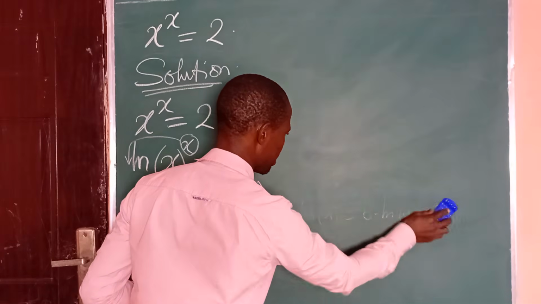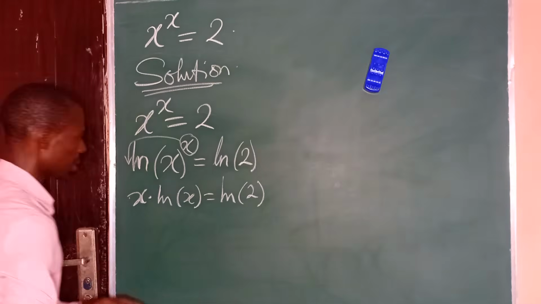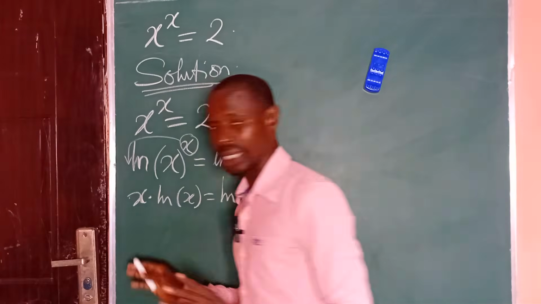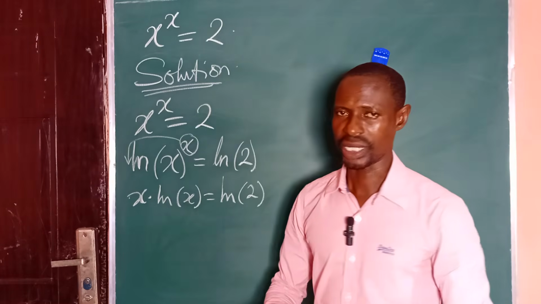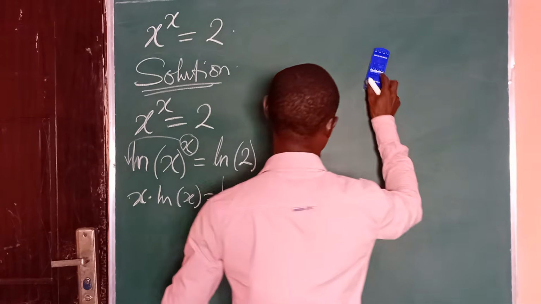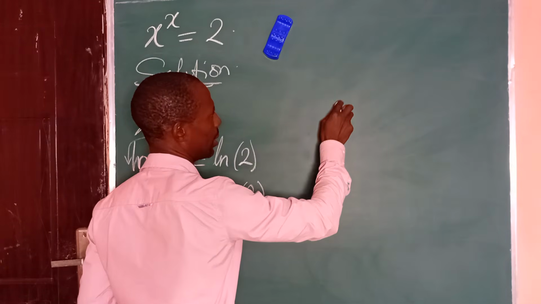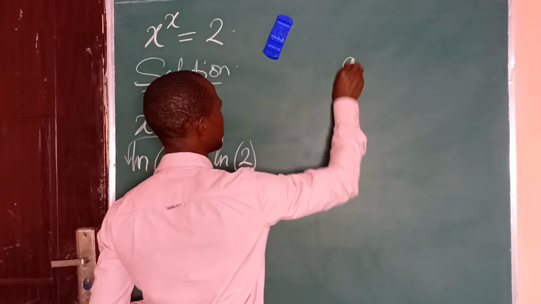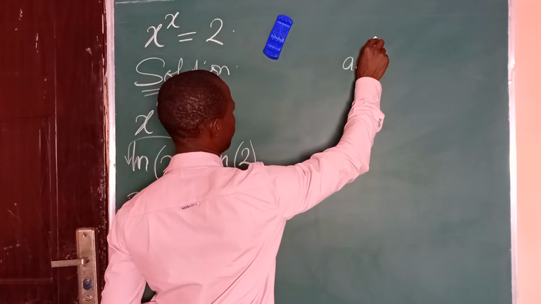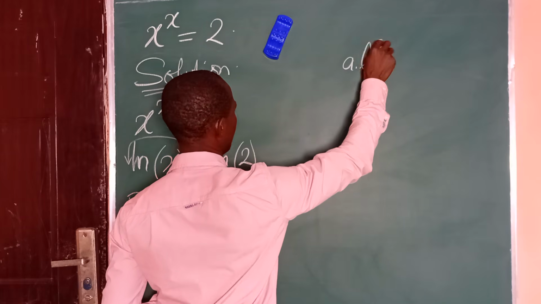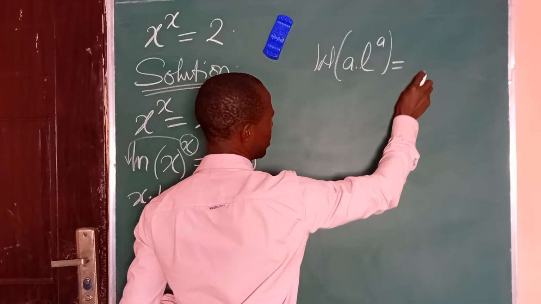Okay, so let's erase this. Now, from what we have so far, we want to invoke the Lambert W function. And for us to invoke the Lambert W function, we must have our expression on this side in this format: a times e raised to a, and if you take the W of this, it is going to give us a.